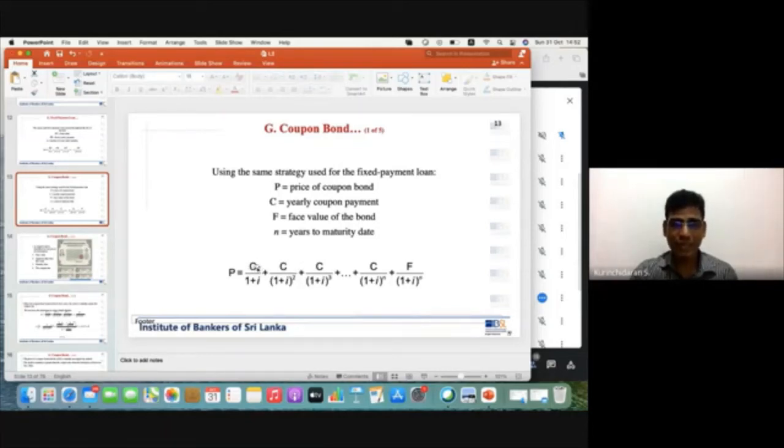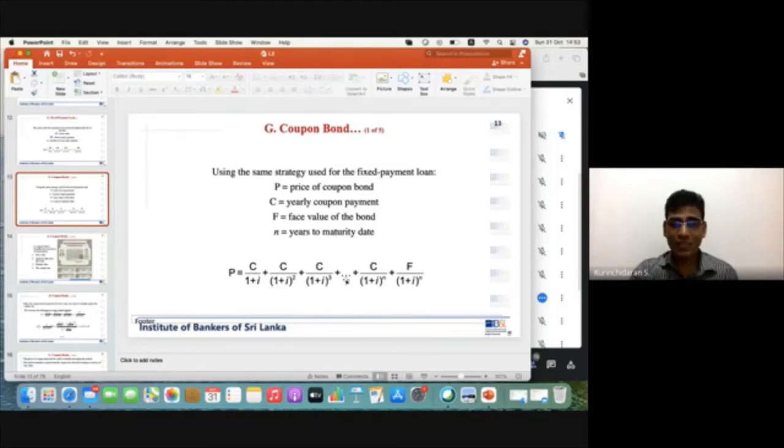So every year you will be getting a coupon. The first year, you discount by 1, the second year by 2, the third year by 3, and the nth year by n. Together, these coupons are the present value of the coupons.